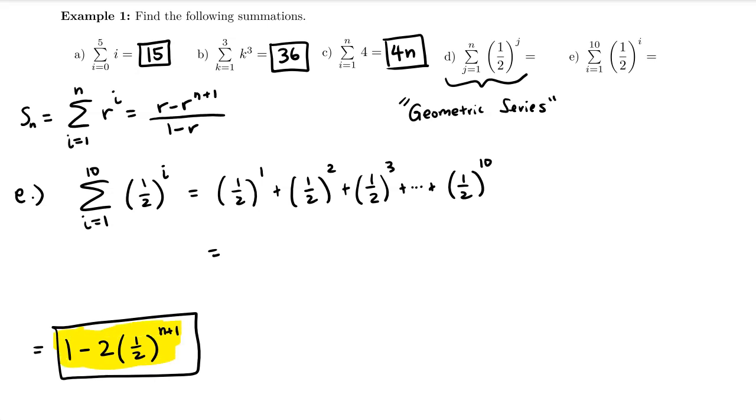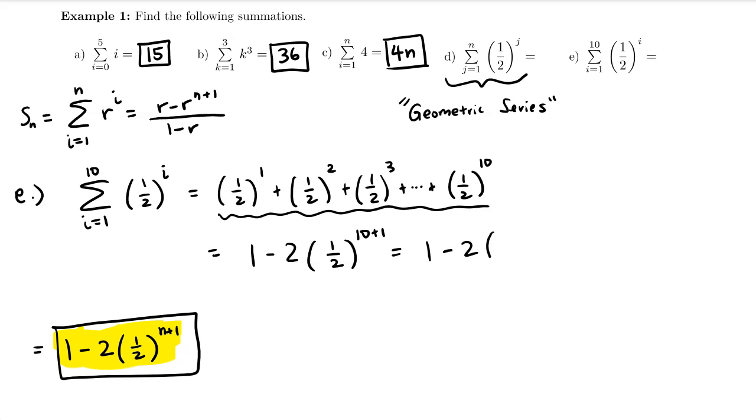So I'm going to use this formula that we derived down here. If I were to add up all of these terms together, then that would equal 1 minus 2 times 1/2 to the power of our upper index, which is 10, plus 1. So that's equal to 1 minus 2 times 1/2 to the 11th power.